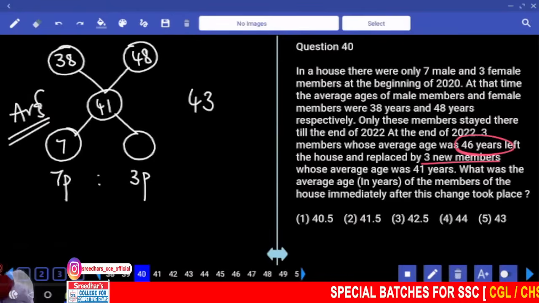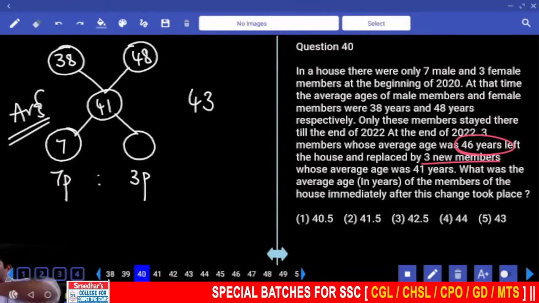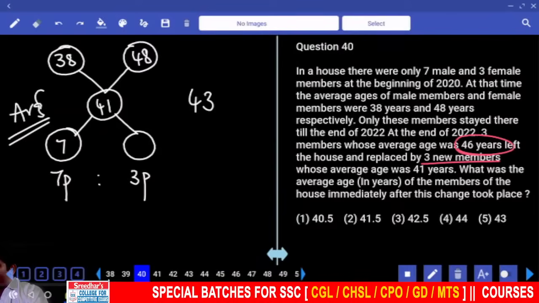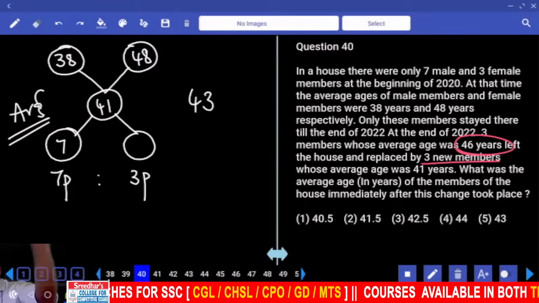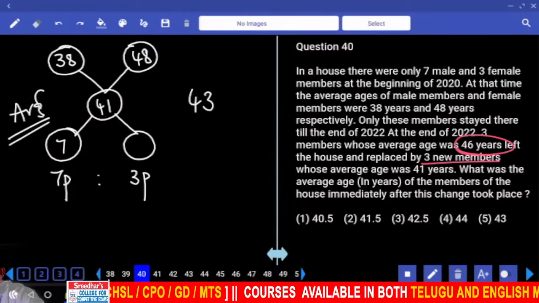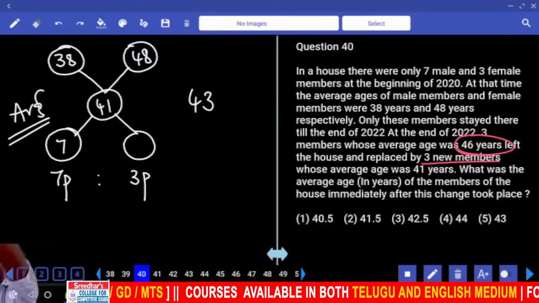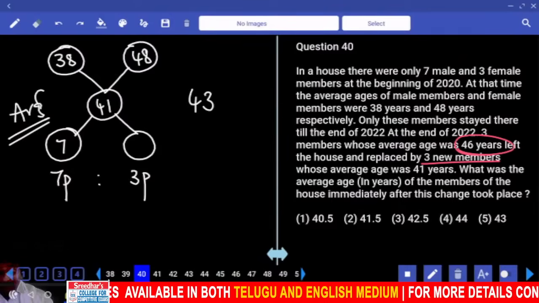The only change is the average is different. The people who are going out, going with average 46, and those who are coming with average 41. For example, if there is only one person in replacement, 46 gone, 41 came. Do we have loss or profit? How much? Like that, how many people are there? Then there will be a total loss of 15.